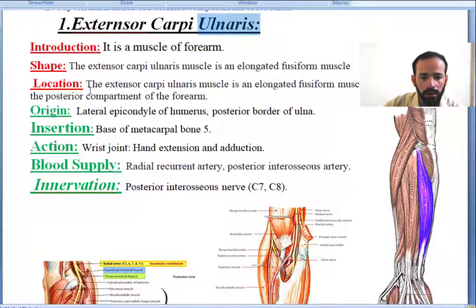The extensor carpi ulnaris is an elongated fusiform muscle located in the posterior compartment of the forearm, right?